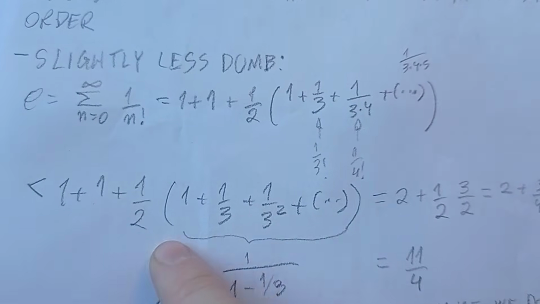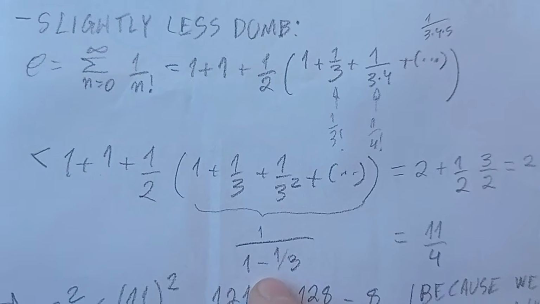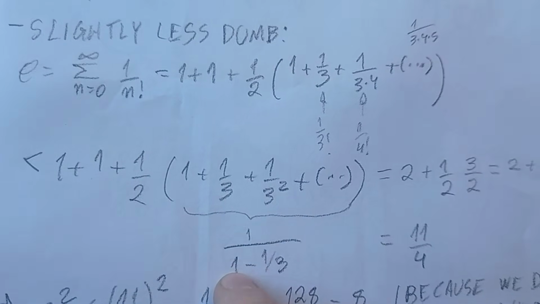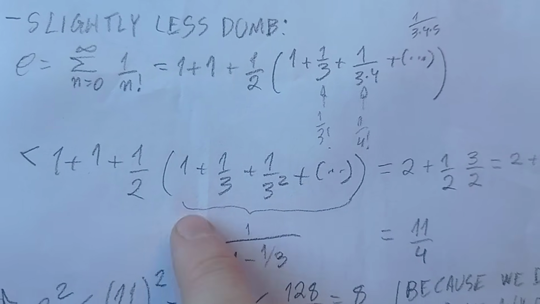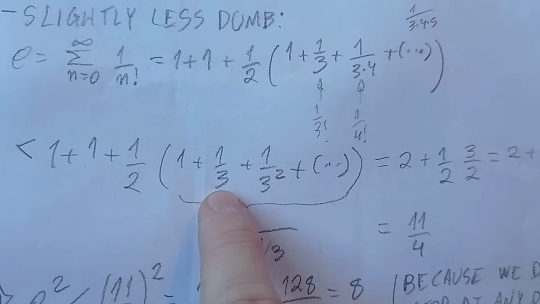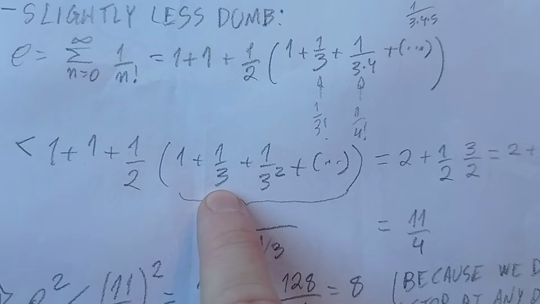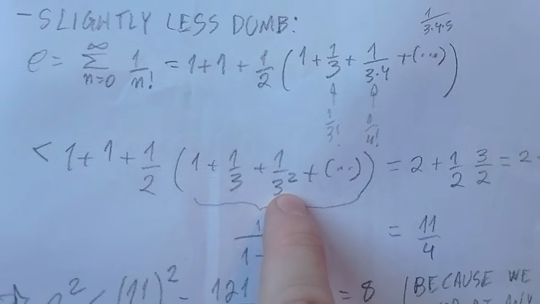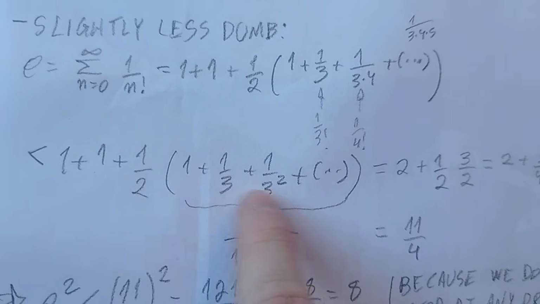So the sum of this is simply a PG sum, a geometric progression sum, which is 1 divided by 1 minus 1/3. The ratio is 1/3 because to get to 1/3 we have to multiply by 1/3. To get to 1/9 we multiply by 1/3 again, and so on and so forth.